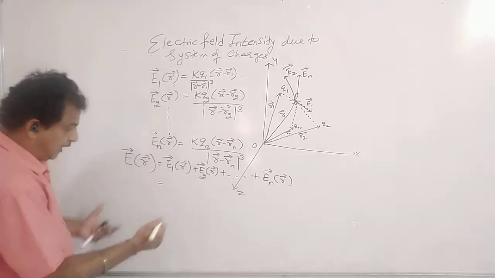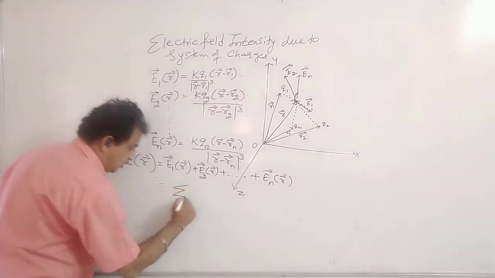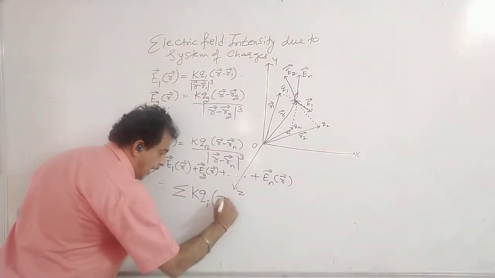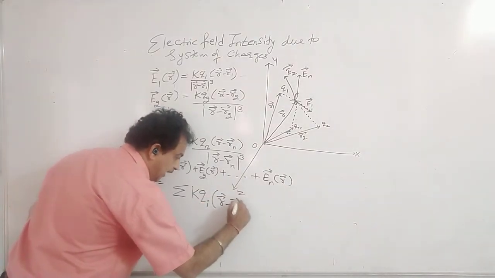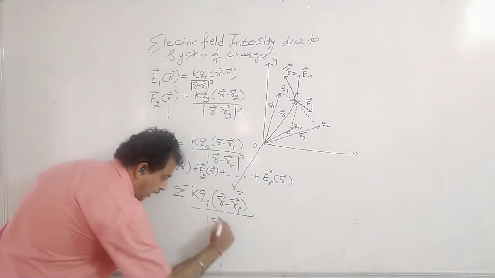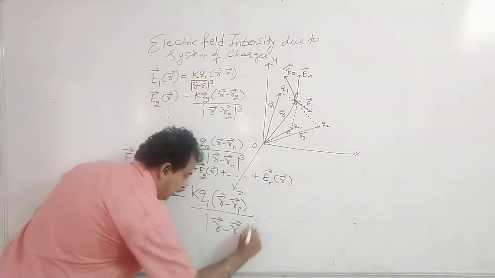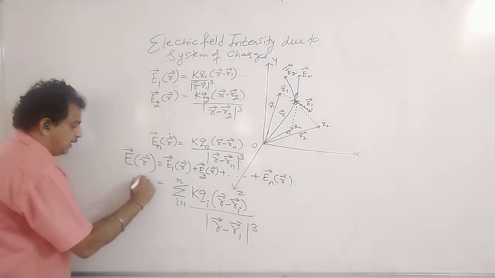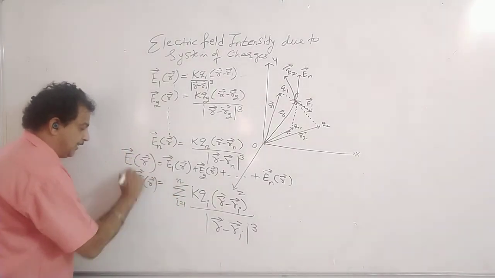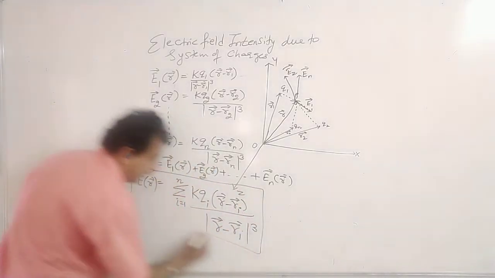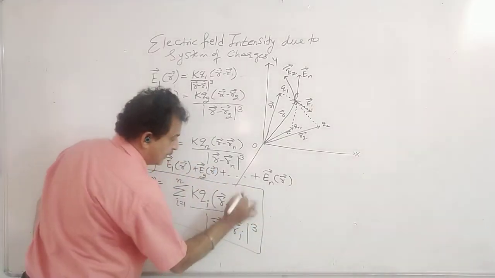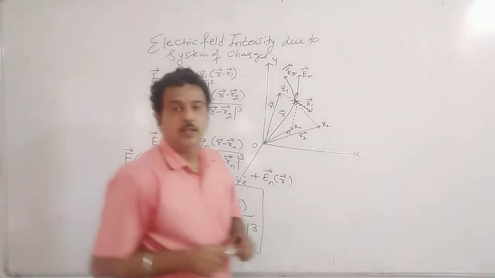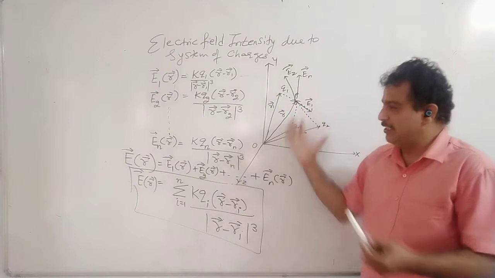So I am directly writing this as summation of K Qi times R minus Ri upon mod of R minus Ri cubed, where i is running from 1 to n. So this is the electric field intensity at any point due to the system of charges, or due to multiple charges.